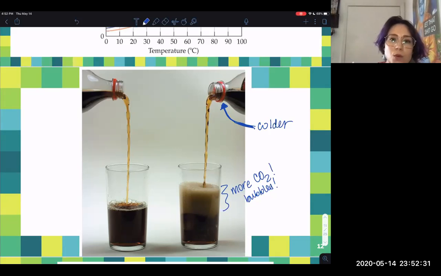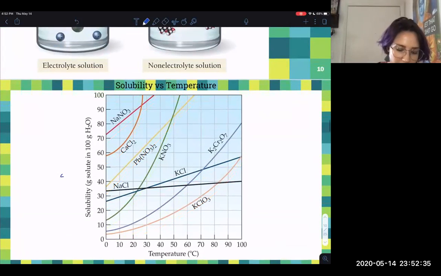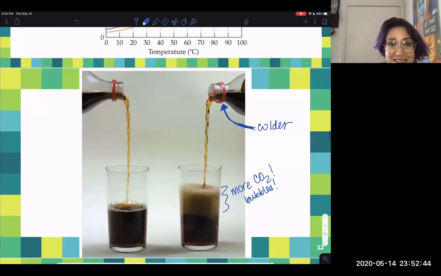Now, when we're talking about solids in water, if you increase the temperature, more of it dissolves. But if I'm talking about gas, if I increase the temperature, less dissolves.